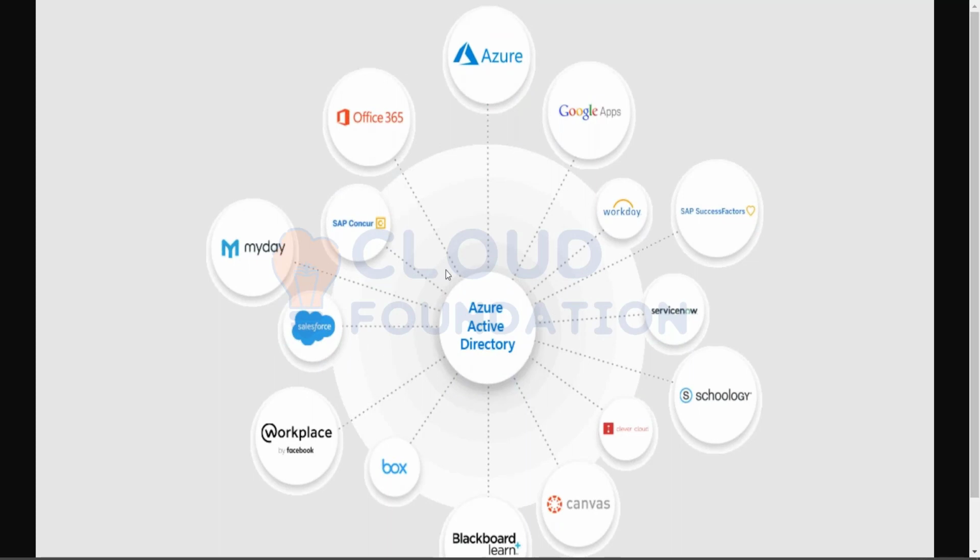So what you simply have to say is, I will register my application on Azure Active Directory. Whatever users are connecting, that user information will be within Azure Active Directory. Any kind of registration or user management will be taken care of by Azure Active Directory.